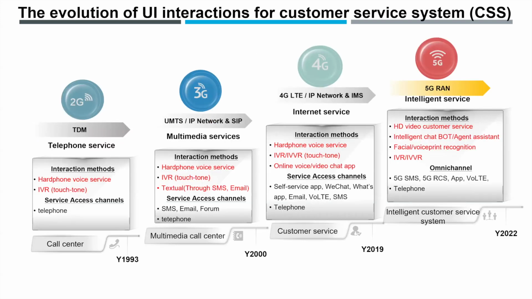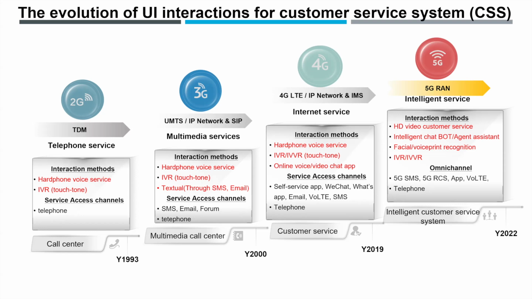Here, the network has developed over a very long period, and according to the development of the network from 2G to 5G, customer service systems have also changed, and the interaction methods changed largely. In the 2G stage, the interaction methods only involved the hard phone.